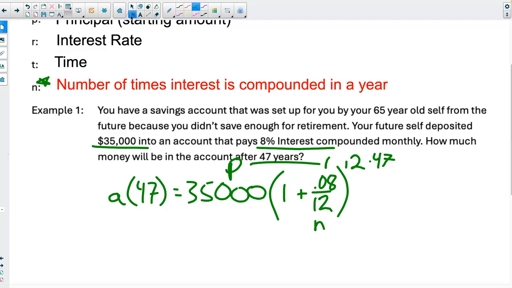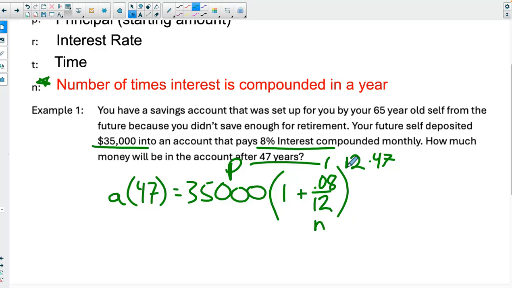Now, before you grab those calculators, this is how I would type it in. I would start by only typing in what's inside the parentheses here. And by doing so, you don't need any parentheses. So I'm just going to type in 1 plus 0.08 divided by 12, and I'm going to hit enter. So let's all do that. You might have to wait just a little bit so everybody's on the same page.